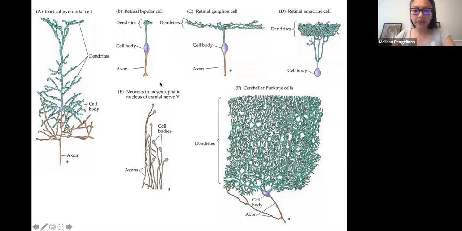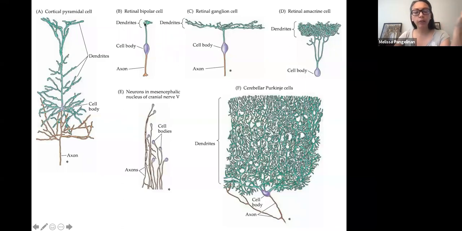In the retina, we have cells that are called bipolar cells. They have dendrites on one end. The arborization of the dendrites is relatively limited, meaning that it doesn't make a lot of connections with its neighbors. It has very specific cells that it connects with. And then it has a single unbranched axon and a very small axonal arbor at the end in terms of the number of terminals.